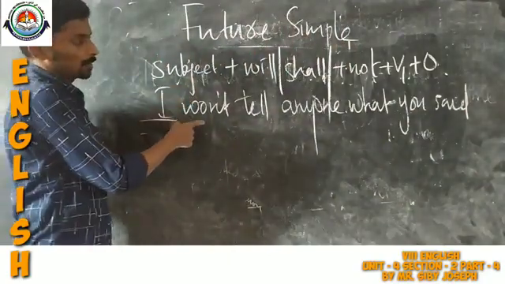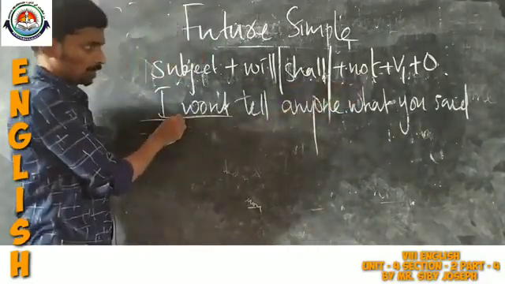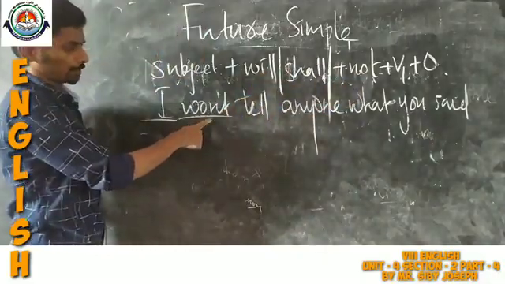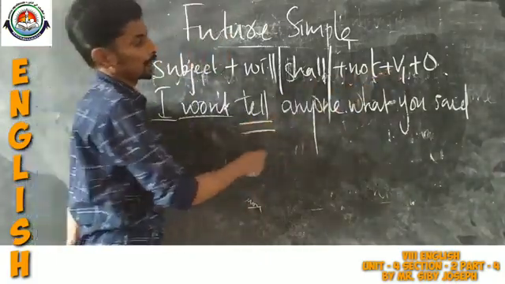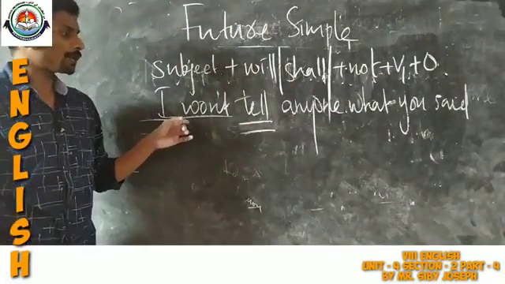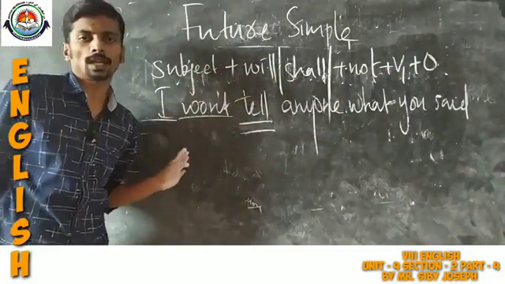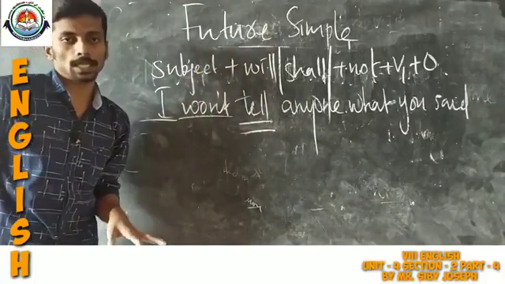Subject I, then won't, will not, won't. Will not is equal to won't. Then V1 tell. Then object. So in that way, using this structure, we can form negative sentences in future simple.